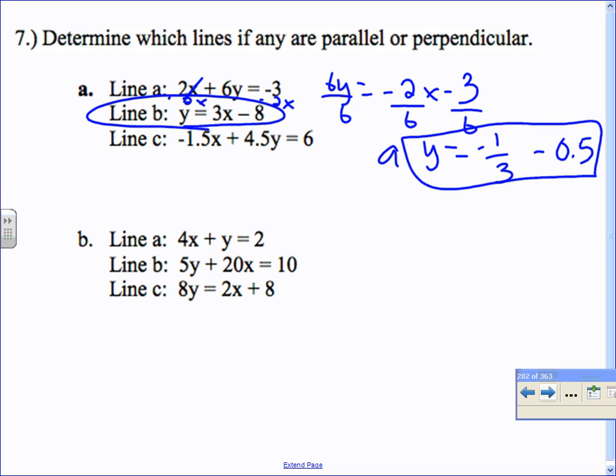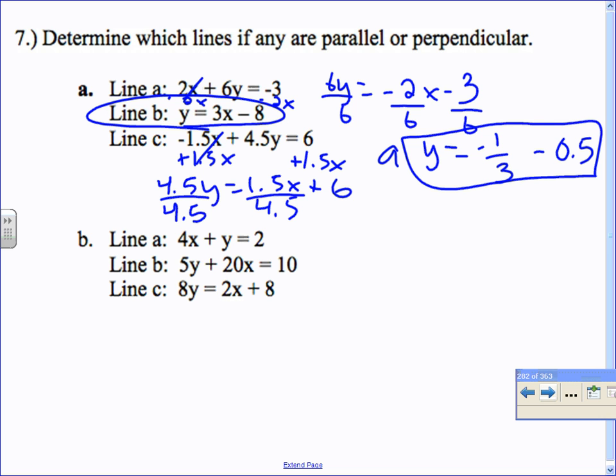C, Alyssa, is that in y equals form? Nope. So for C, add 1.5x to both sides. So we get 4.5y equals 1.5x plus 6. Then what, Briar? Good.